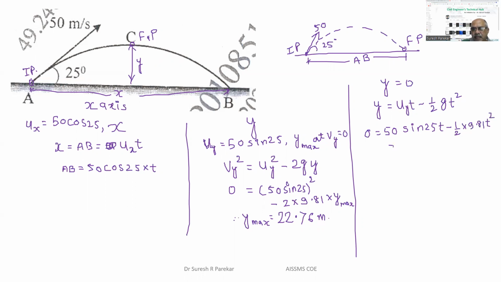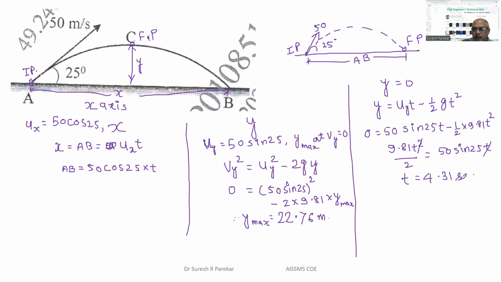And from this we will get 9.81 t square by 2 equal to 50 sine 25 into t. This t gets cancelled and we will get t is equal to 50 sine 25 into 2 divided by 9.81. And we have this value 4.31 seconds.